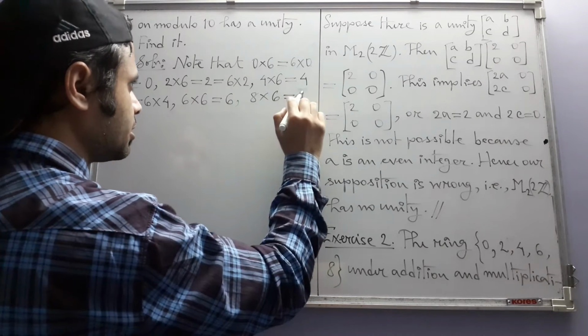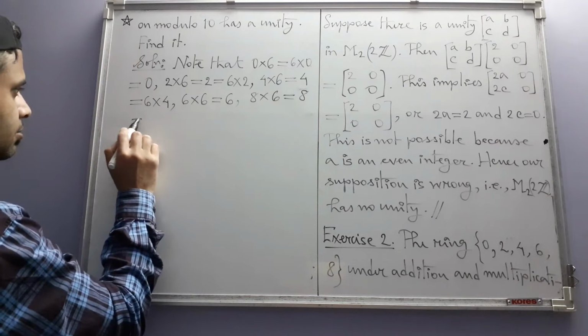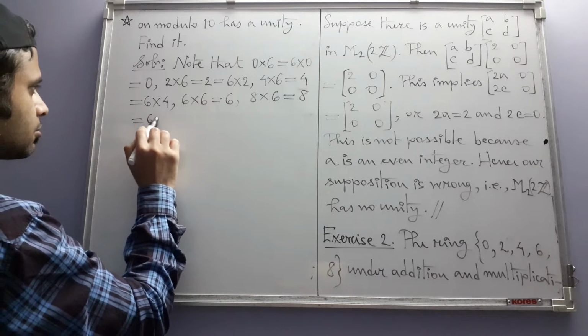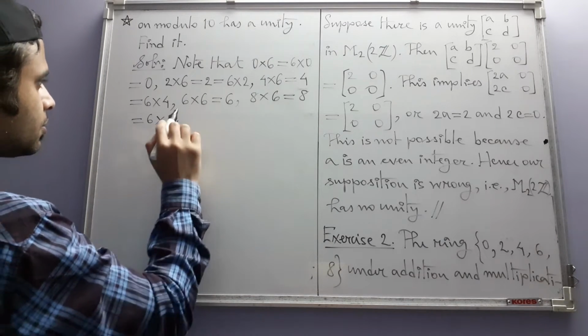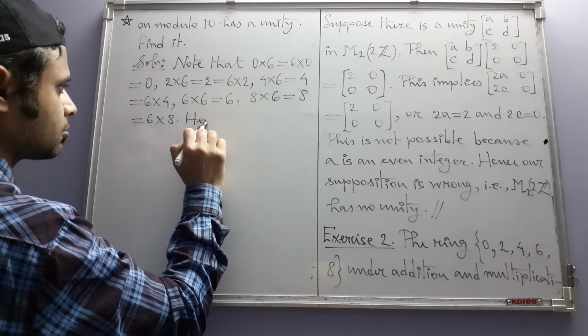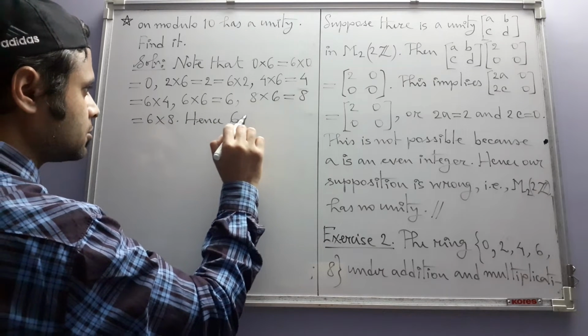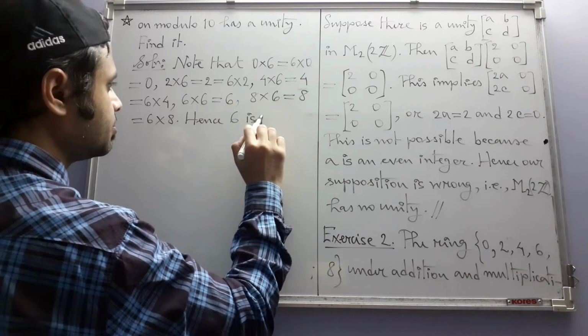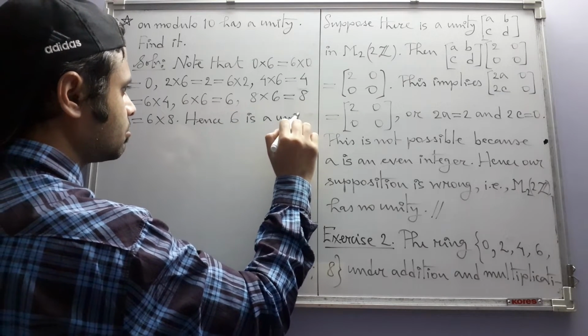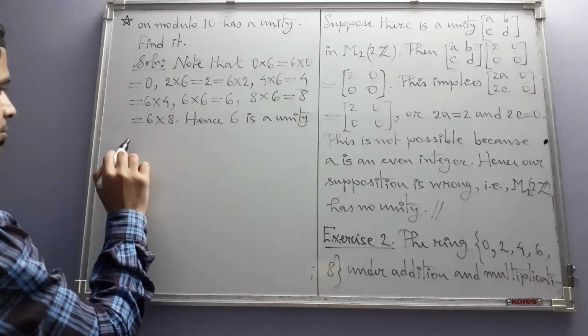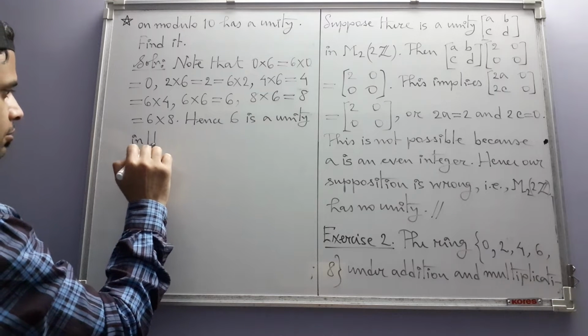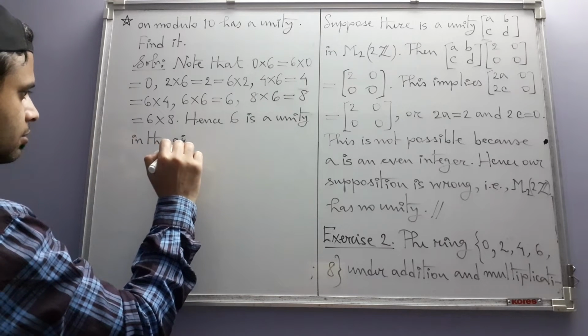So 40 plus 8, so that is again 8. Hence 6 is a unity in the given ring.